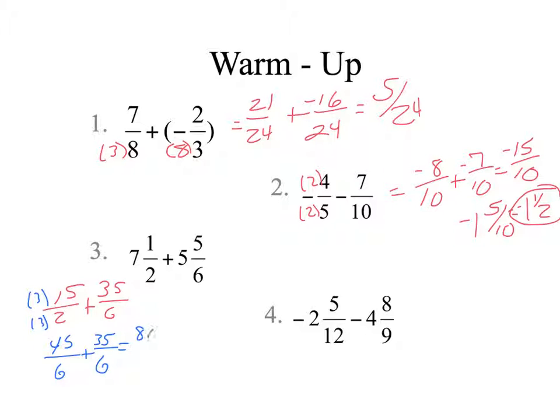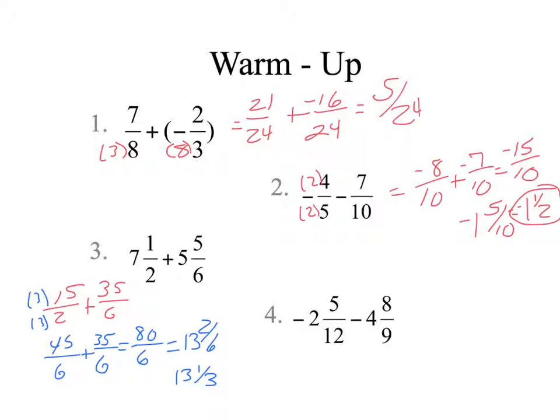That's going to give me 80 over 6. It's going to give me 13, and then 13 and 2/6, which will reduce down to 13 and 1/3 as my final answer.